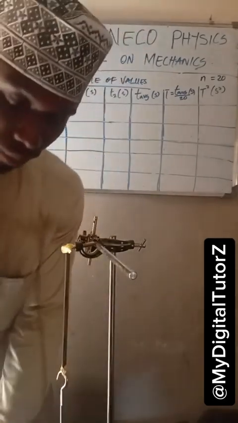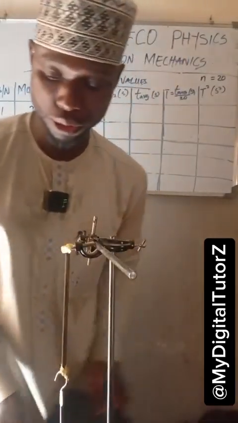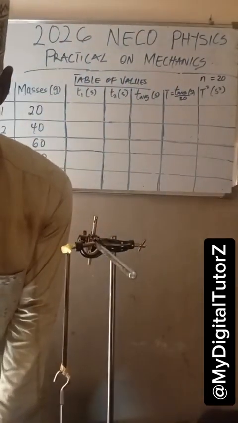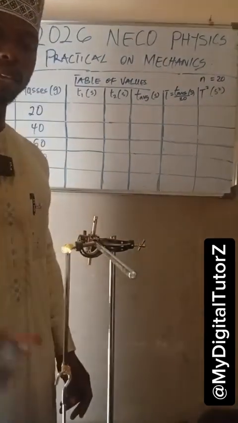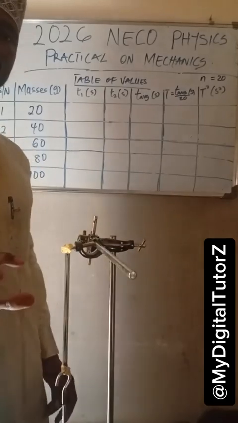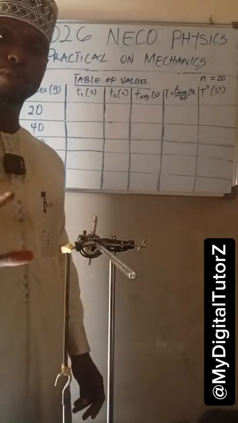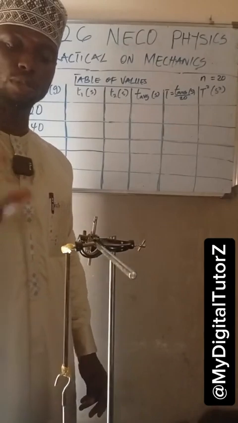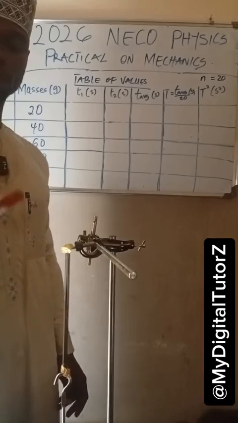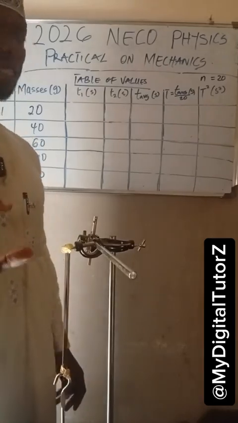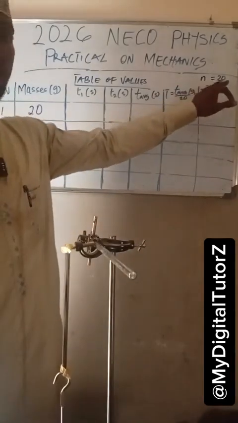When you slot it, you extend it downward and release it, then it will be oscillating. Those of you who understand simple harmonic motion understand this. Up and down is one oscillation, then you count 20 oscillations. So the number of oscillations is 20.